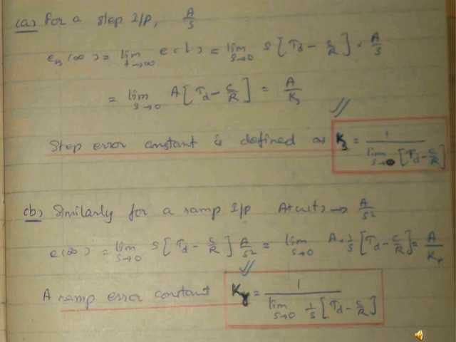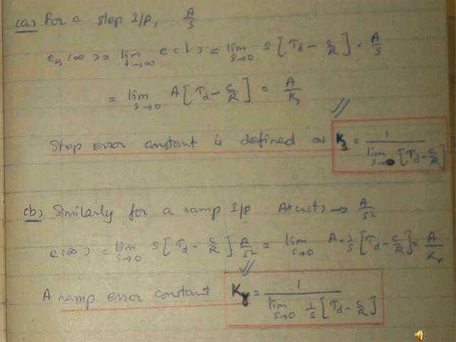So the step error constant is defined as K_S equal to 1 divided by the limit as S approaches 0 of (T_D minus C by R). Similarly, for the ramp input, R(s) equal to A divided by S squared. So the steady state error E_ss(infinity) will be the limit as S approaches 0 of S multiplied by (T_D minus C by R) multiplied by A divided by S squared.